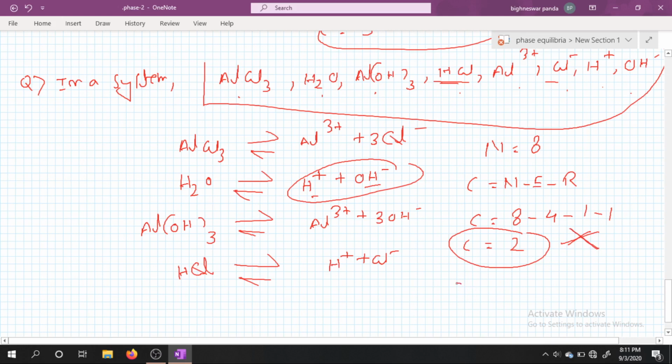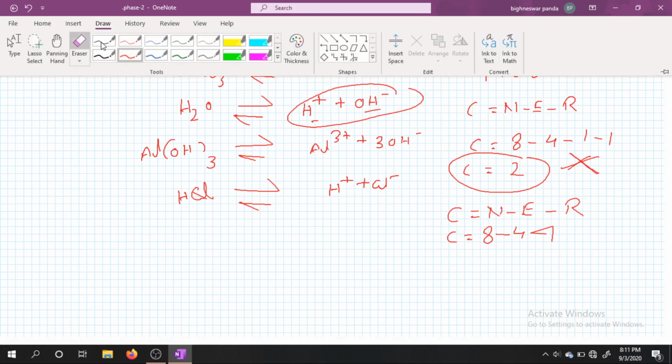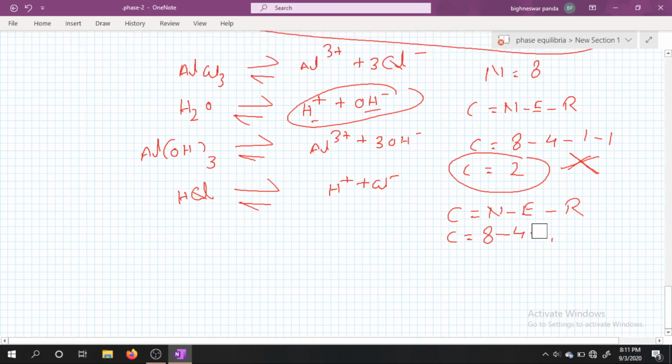Why wrong? Again, C is equal to N minus E minus R. C is equal to 8 minus number of equilibrium, that will be equal to 4. What are the restricted conditions? One restricted condition is for ion, so I can simply write minus 1.